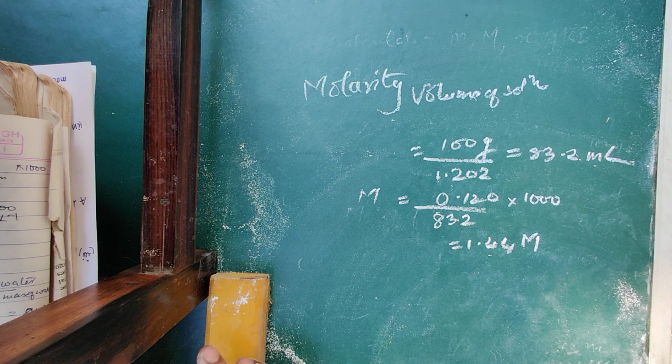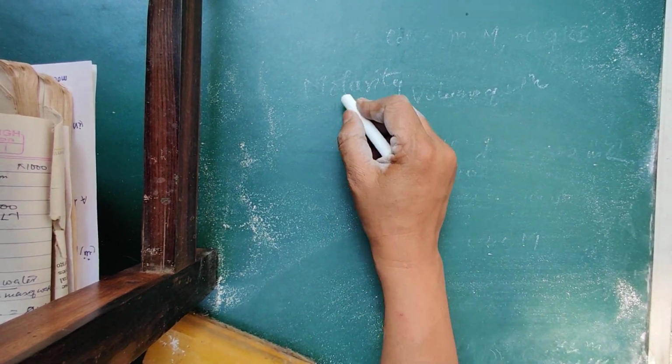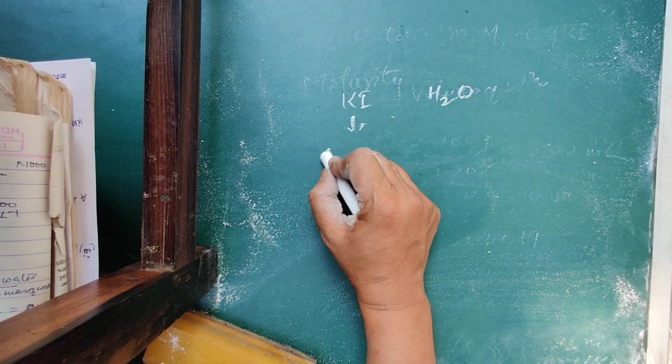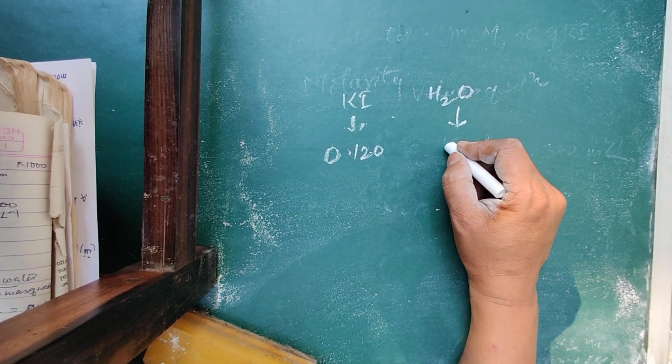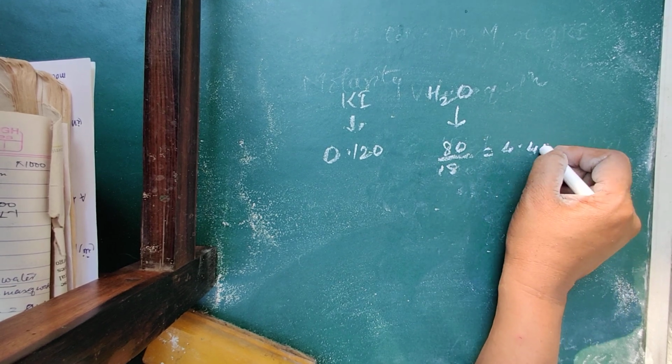Now mole fraction. For mole fraction you need the moles of two components, that is KI as well as water. This we have found out, that is 0.120, you know. Moles of water will be mass of water 80 gram divided by 18, that is 4.44.